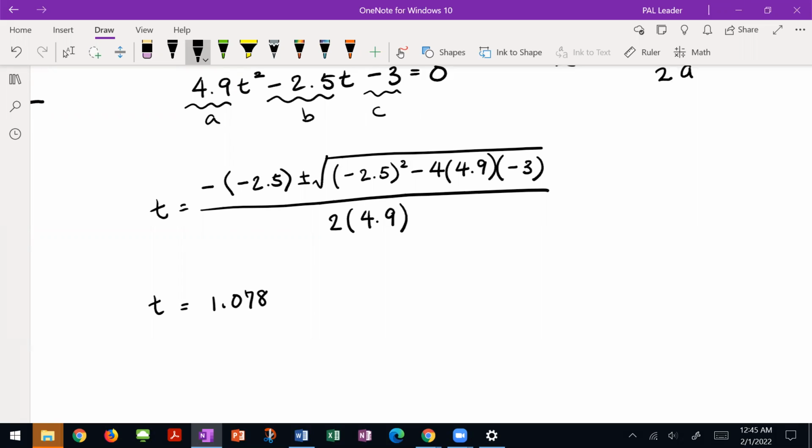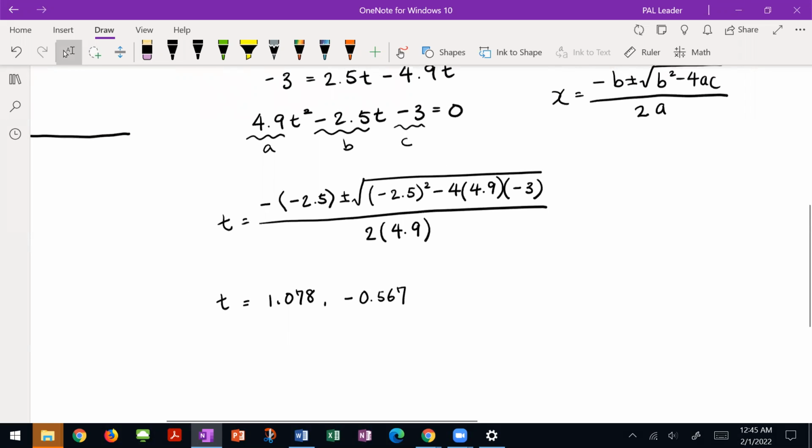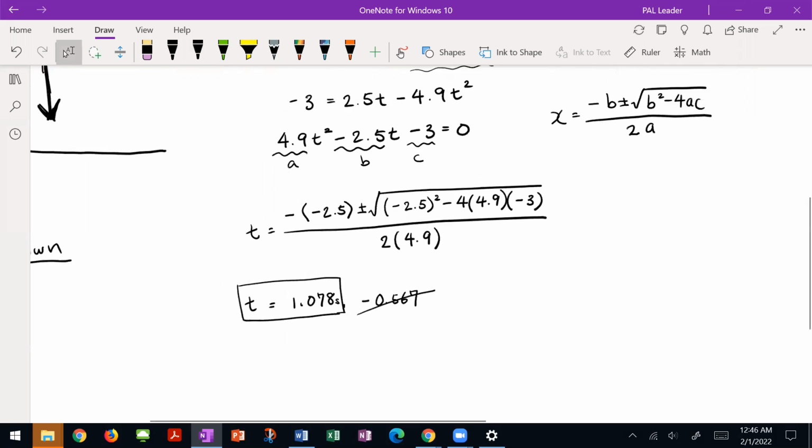And you should get two answers because it's a plus and minus. The other solution would be negative 0.567. Hopefully which one the answer is is obvious to you. It's obviously going to be this one, because a negative time does not make sense, right? So we don't have to think about that.